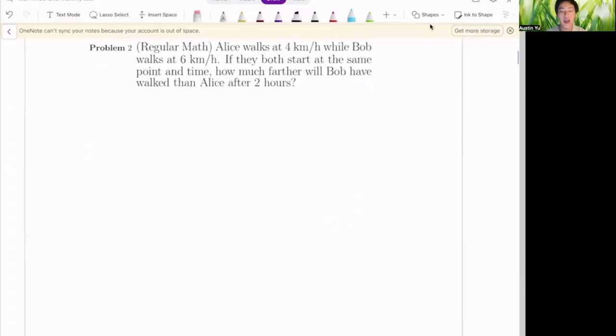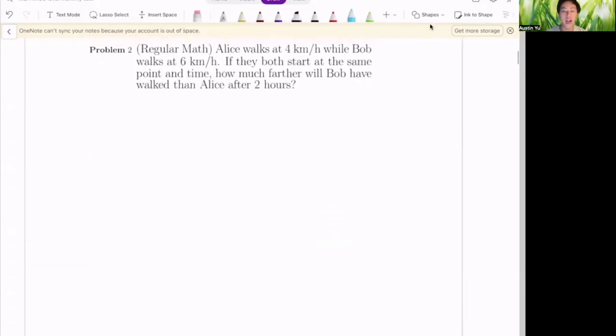Problem 2. Alice walks at 4 kilometers an hour while Bob walks at 6 kilometers an hour. If they both start at the same point in time, how much farther will Bob have walked than Alice after 2 hours? So let's calculate how much they walk. Let's say that they start at this point right here in blue.